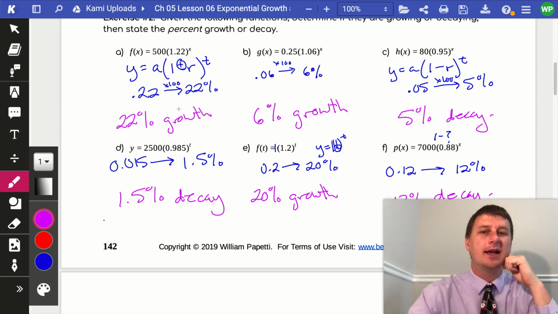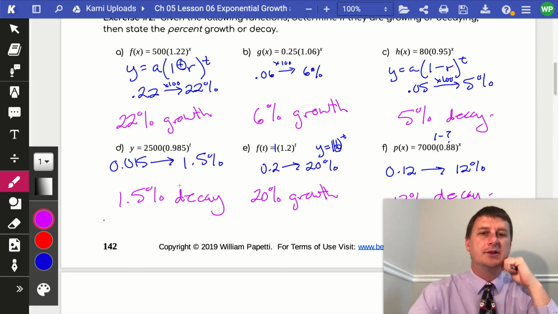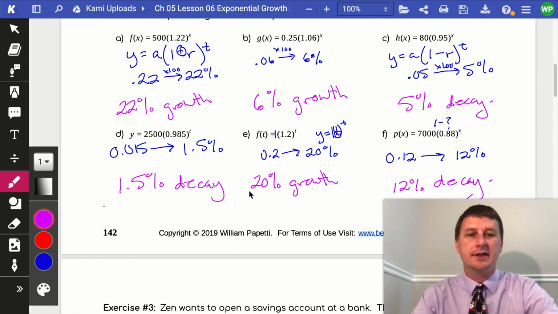That's what's being added or subtracted onto or from 1 inside those parentheses. So the entire parentheses represents the growth or decay factor, but the number specifically being added to or subtracted from 1 represents your growth or decay rate, which is what we found in the purple writing on this problem.